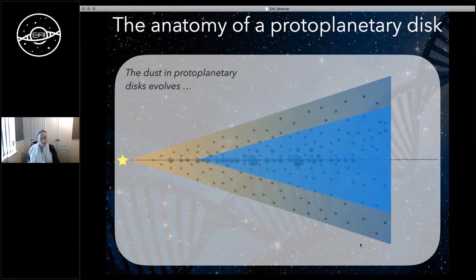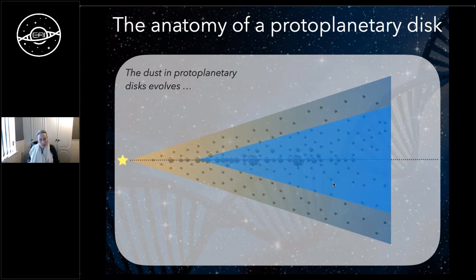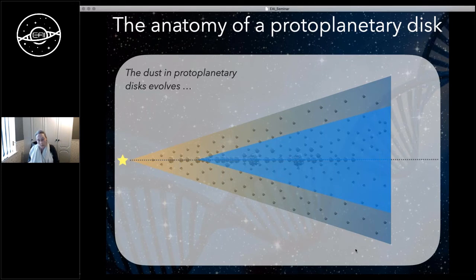So as the protoplanetary disk lives for between 1 to 10 million years or so, there's a lot of different physics that takes place that then influences the chemistry and the chemical structure. Aside from the heating from the star, other fundamental processes that take place are also what the dust is doing, as well as what the gas is doing.